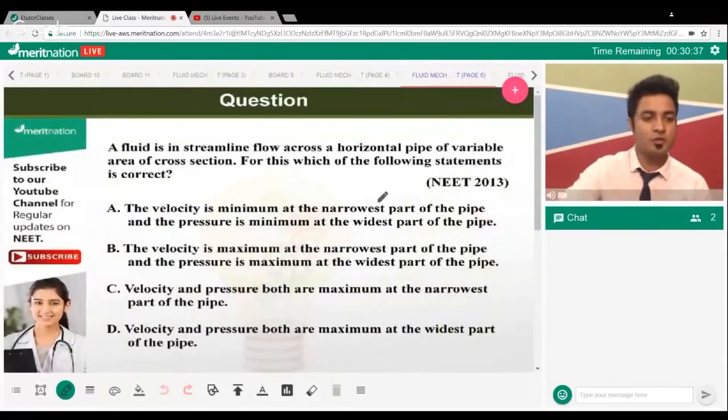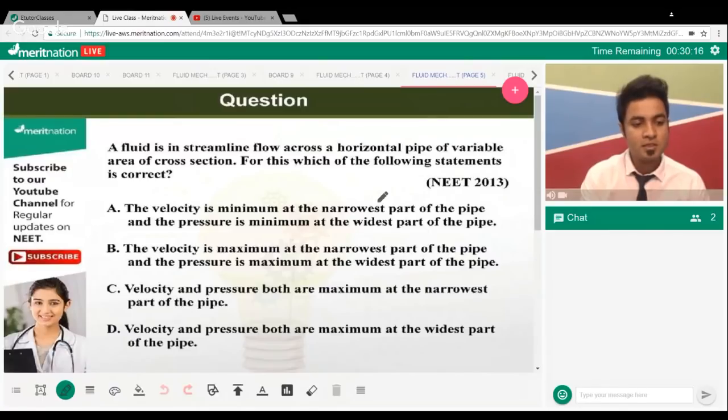So I do have another question here. A fluid is in a streamlined flow across a horizontal pipe of variable area of cross section. Which of the following statements is correct? Option A: the velocity is minimum at the narrowest part of the pipe, and the pressure is minimum at the widest part of the pipe.